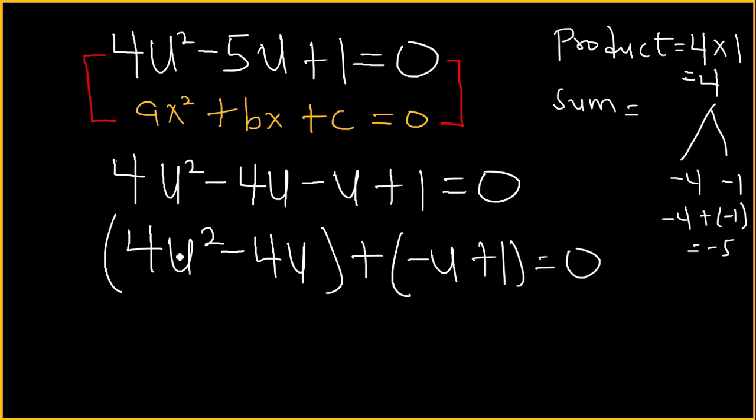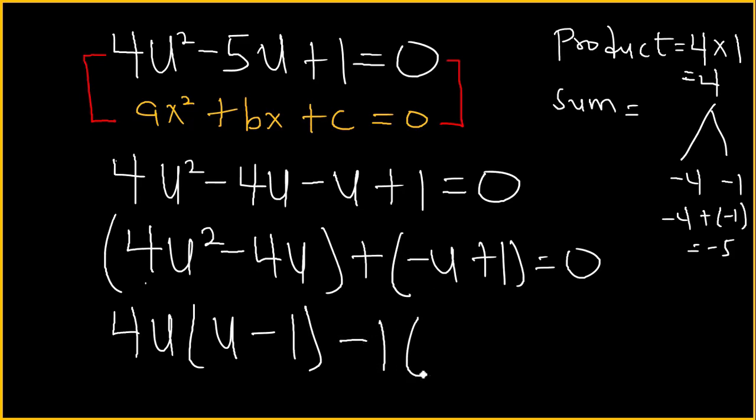Now we factor the common thing out. We have 4, we have 4, we have u, we have u. So 4u out, u minus 1, negative 1 out, u minus 1 equals 0.